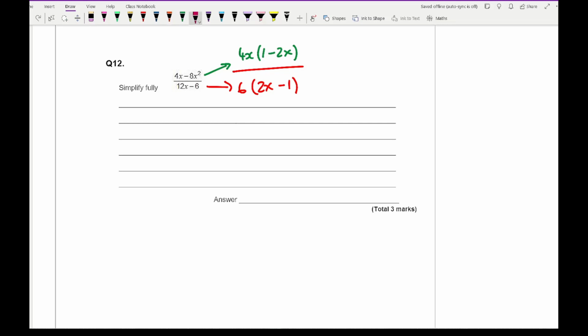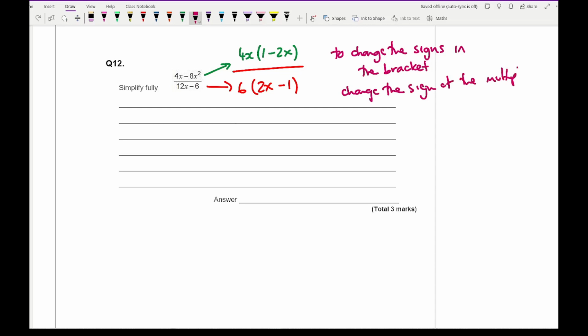Now what I'm going to do here is, to change the signs in the bracket, what you need to do is change the sign of the multiple, in other words, the number outside the bracket.